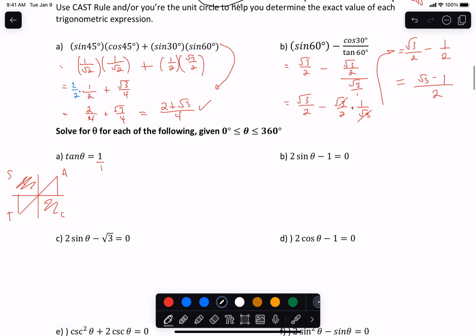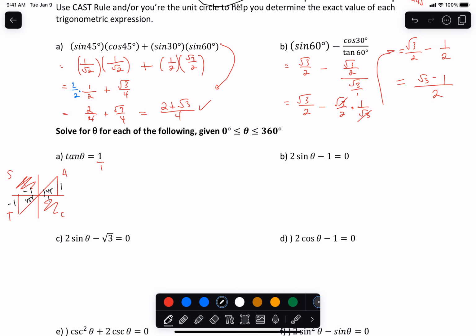So I know if I go 1 and 1, or -1 and -1, that's the reason why both of these are positive in these quadrants. But that corresponds with 45, those side lengths correspond with 45 degrees.